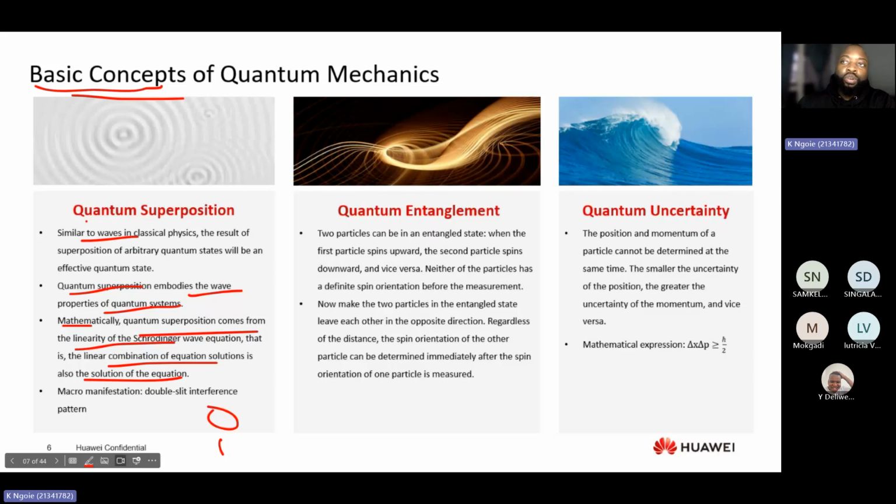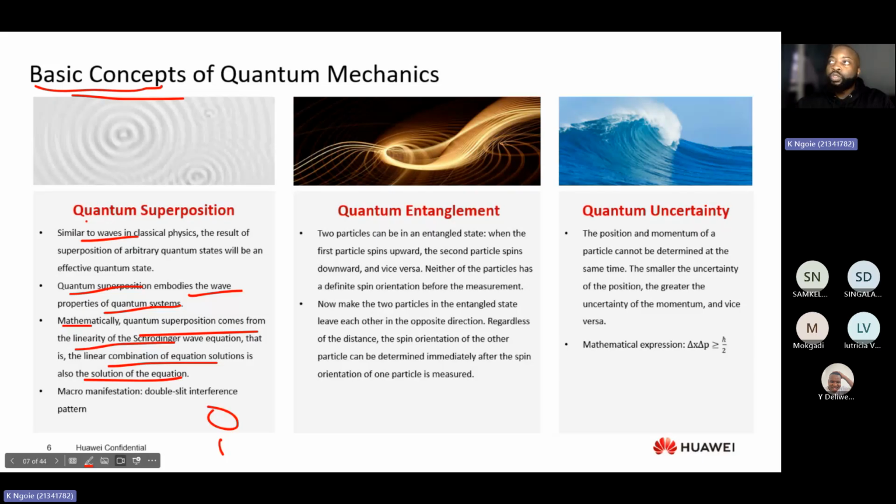So when you look at an electron, for example, it can have many states. In classical physics, an object can only have one state, it's either up or down. But in quantum, we can consider it being up and down at the same time.